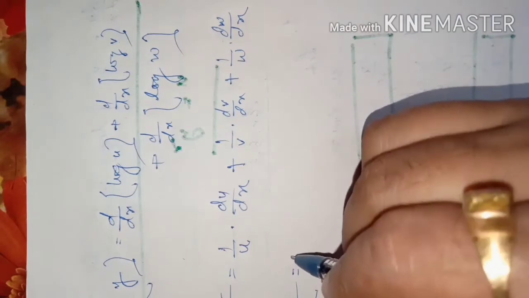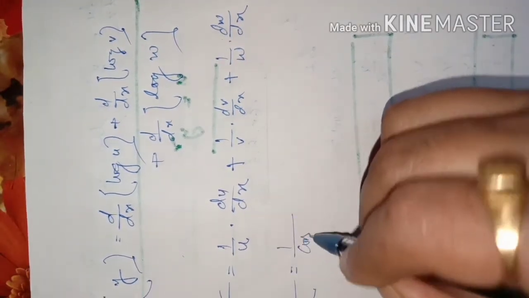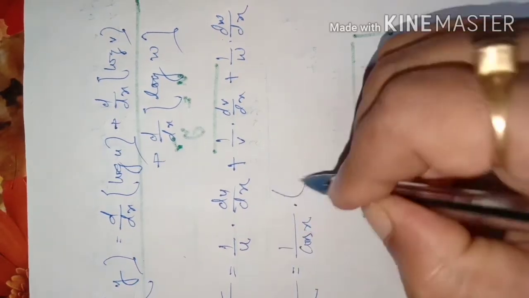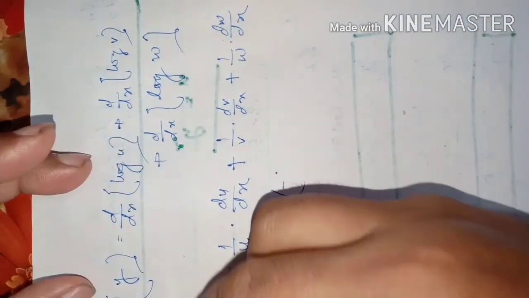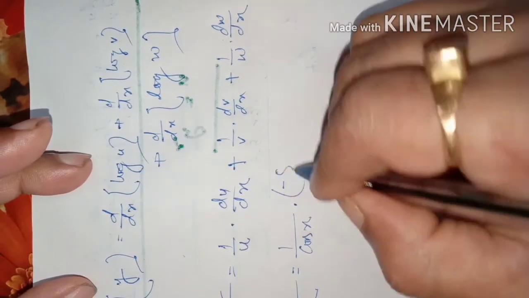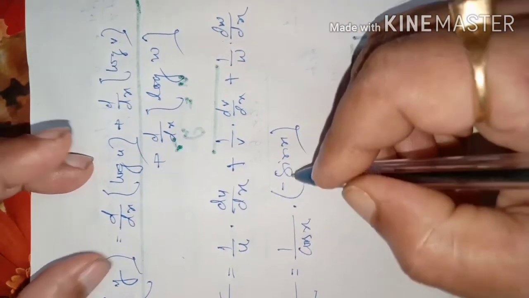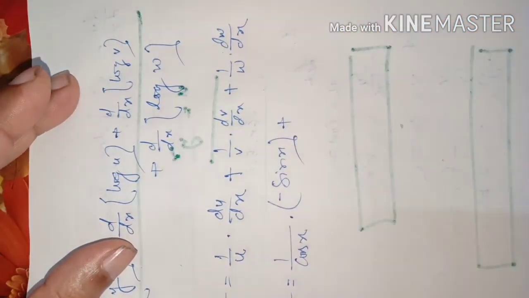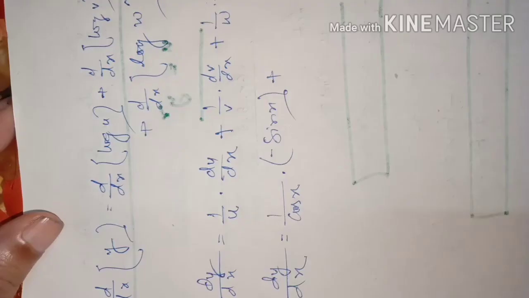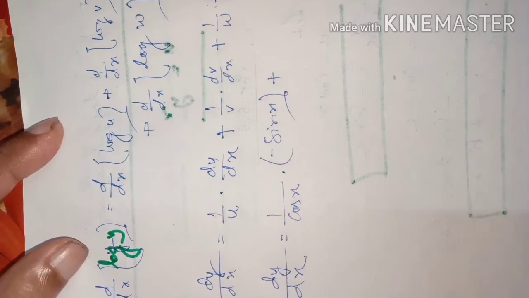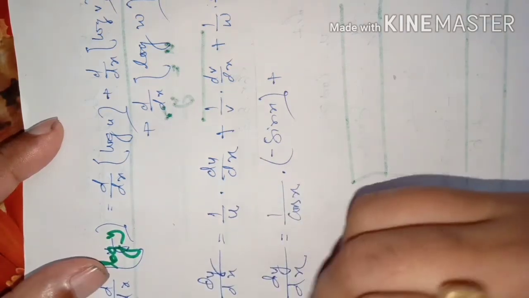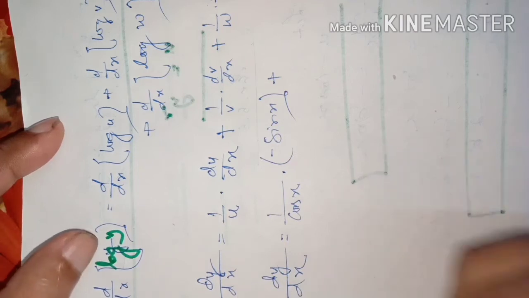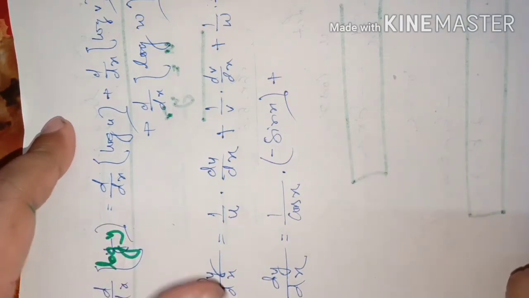So we get 1 by u, u is cos x, so du by dx is minus sin x. Slight mistake was here, it was log y, that's why I forgot to write this: 1 by y into dy by dx, because d/dx of log y is equal to 1 by y into dy by dx.